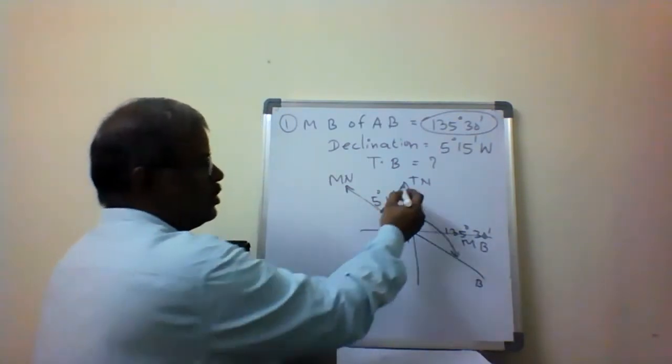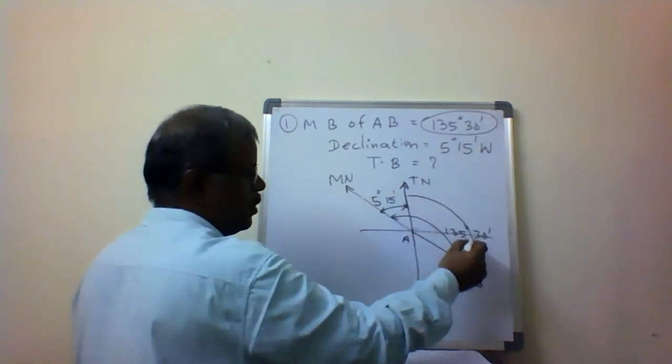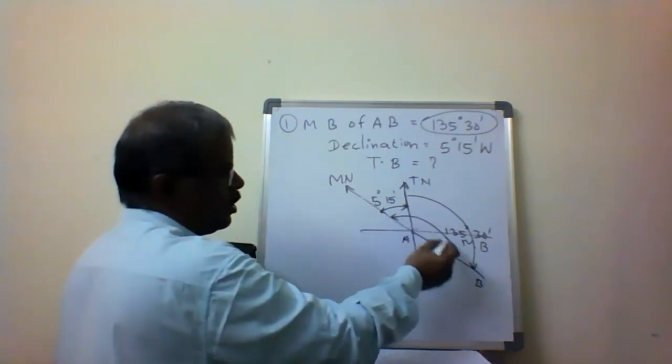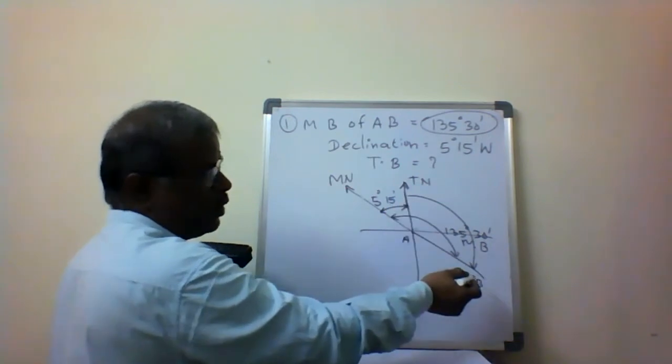The true bearing is measured from the true north, and that is what I have to calculate. This is the magnetic bearing; my magnetic bearing minus 5 degrees gives me the true bearing.